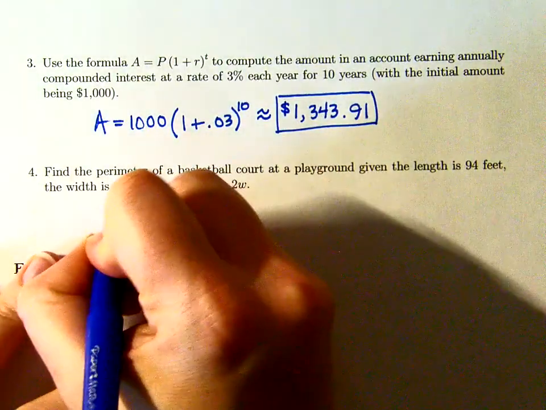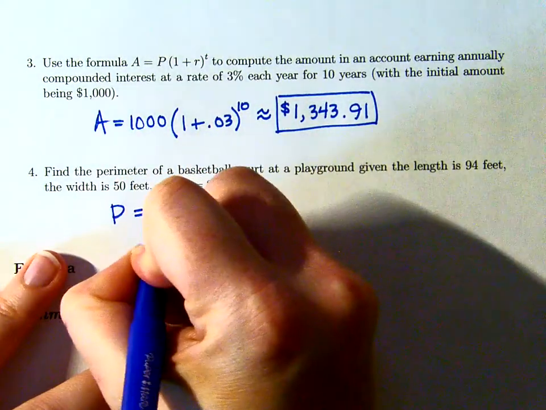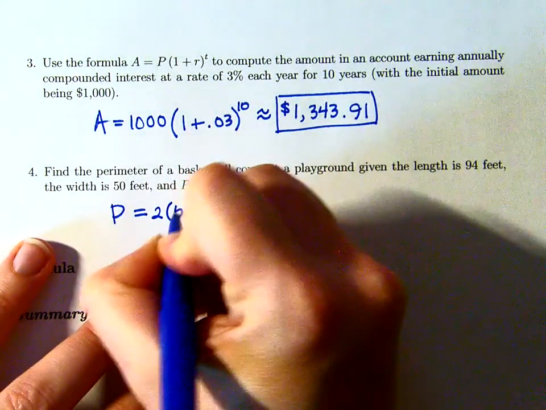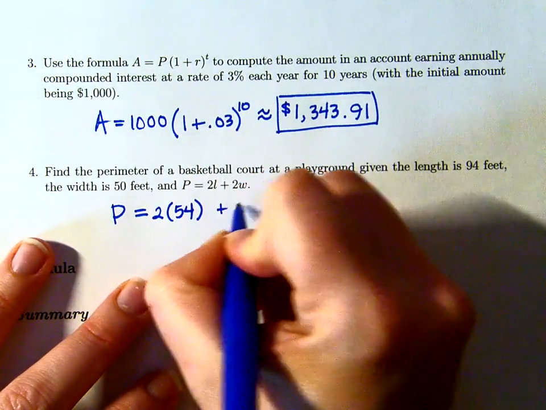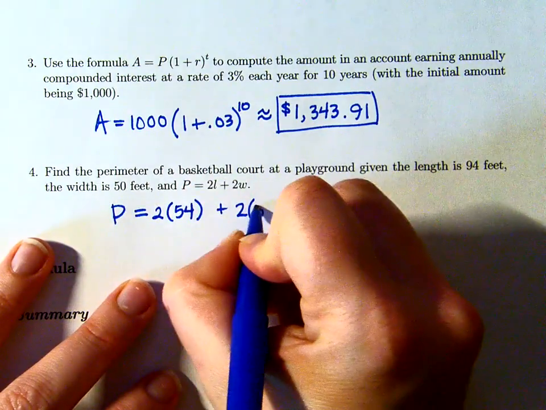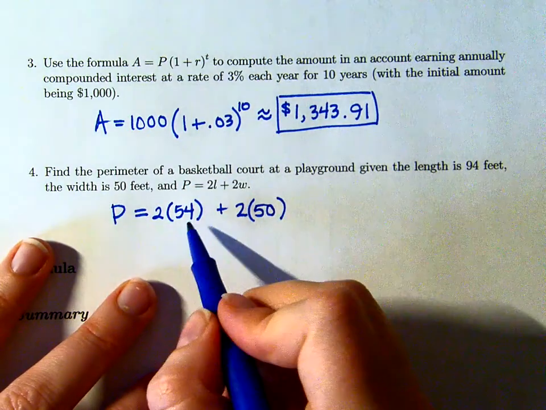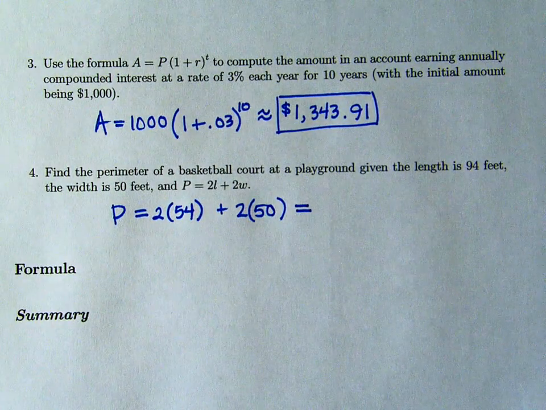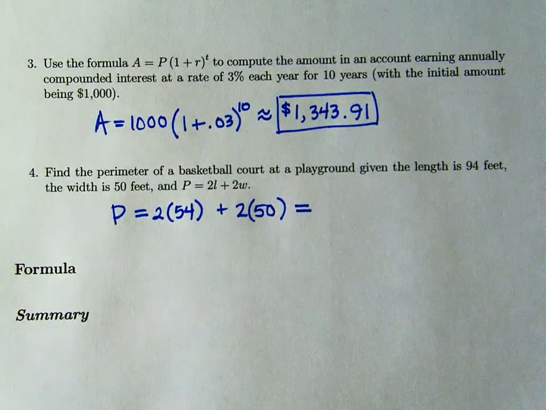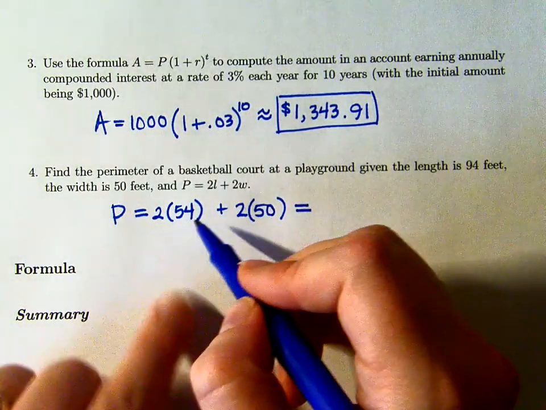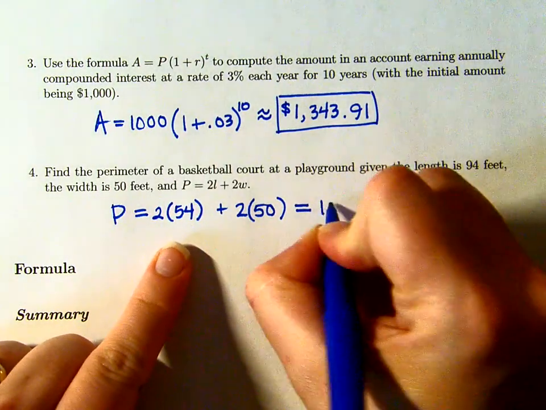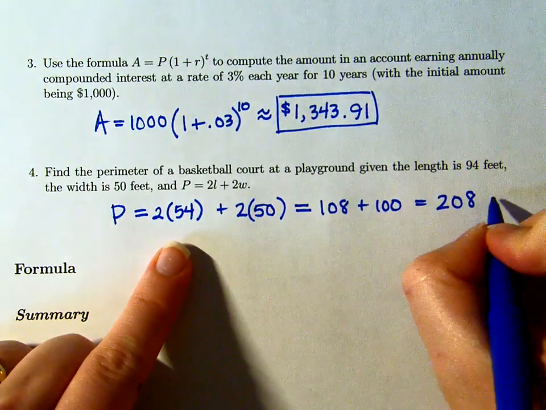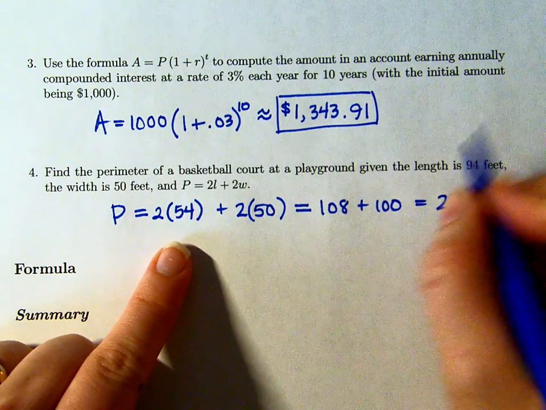So perimeter is 2 times L, where L is 94, plus 2 times 50. 2 lengths, 2 widths, all the way around, total perimeter. Well, this is 100, and this is 100 plus 8. So 108 plus 100, 208 feet all the way around for the perimeter.